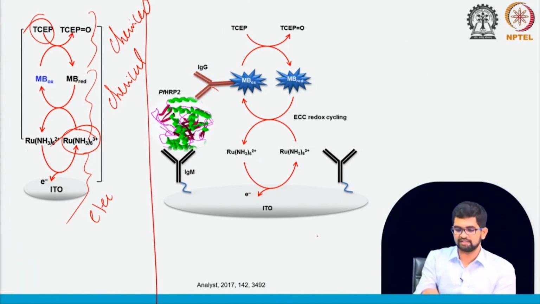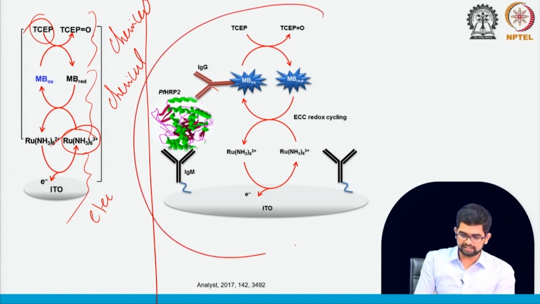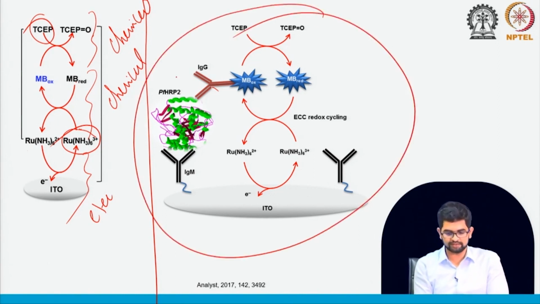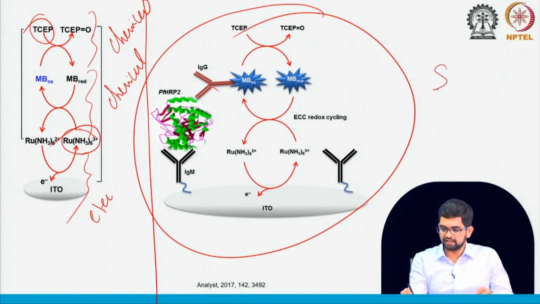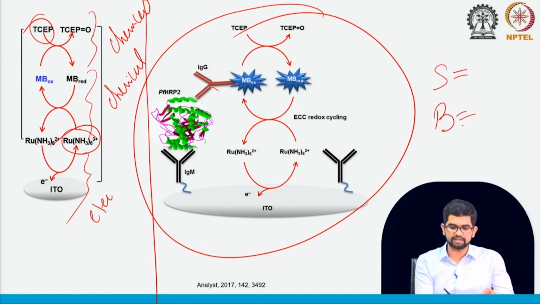See this image. In this biosensor, what is the signal and what is the background should be clarified. Signal means in the presence of target. This is the PfHRP2, a malaria antigen. If it is present, then only the methylene blue conjugated with the antibody will come, otherwise it will not be here.